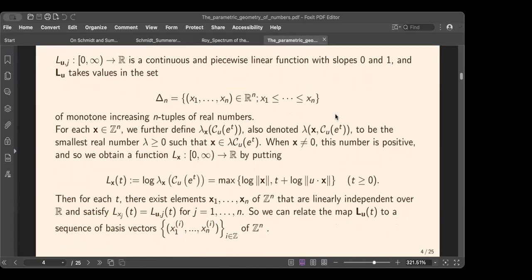Here, for each t, we can choose a basis, but because L_u is a piecewise linear function, we can choose a sequence of basis vectors of Z^n such that in a linear segment, we can use one basis, and from step 1 to step 2, we change the basis. We change the basis vector x_i to fit the L_u map.